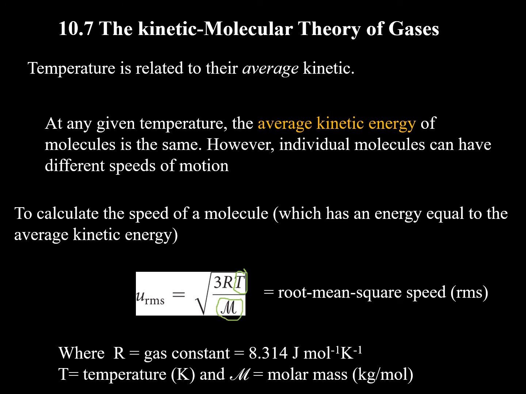So if the molar mass is in the denominator, if the molar mass goes up, this will result in a smaller speed. If we have a lower molar mass, the speed will go up. And that concludes our chapter 10.